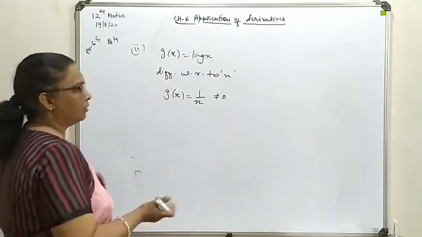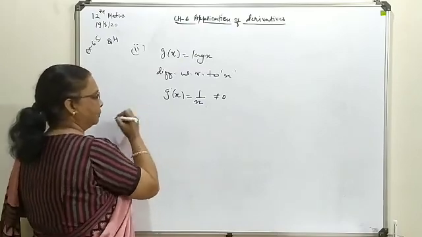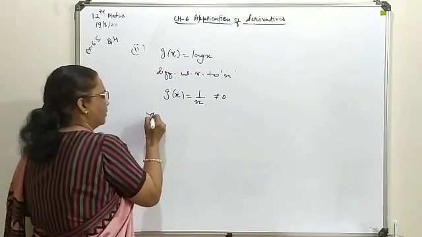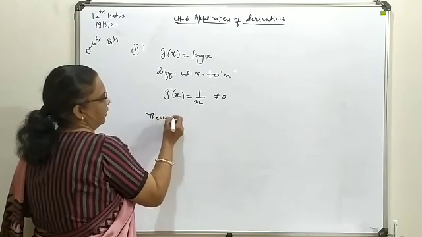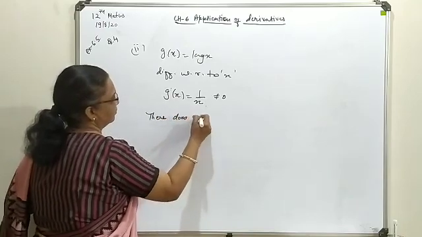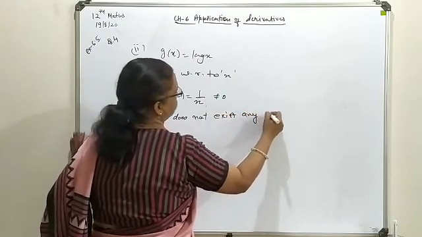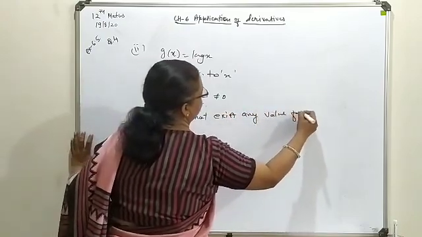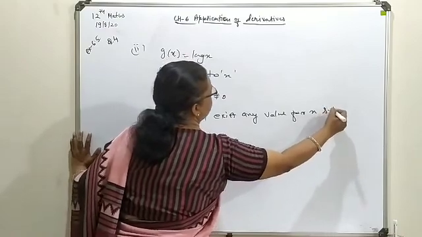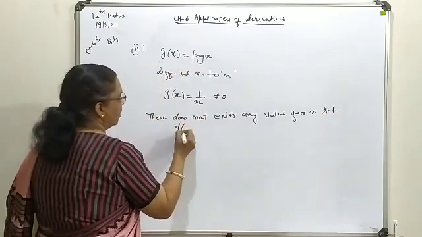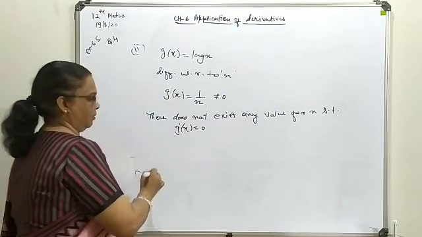So here also you will write the same comment that there doesn't exist any value of x which gives g dash x as 0.